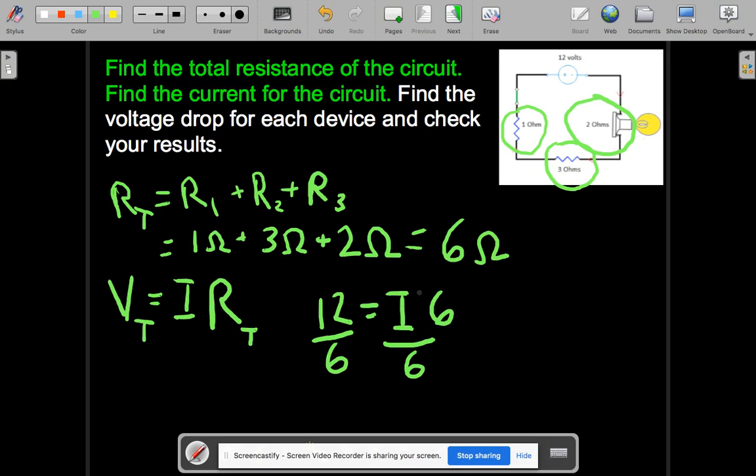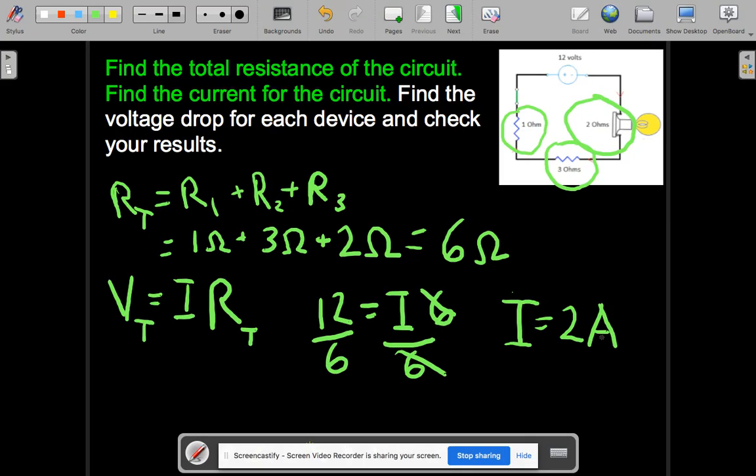That cancels out our 6's on this side, so we get 12 divided by 6. Our total current, I, equals 2. And the unit for current is amps.